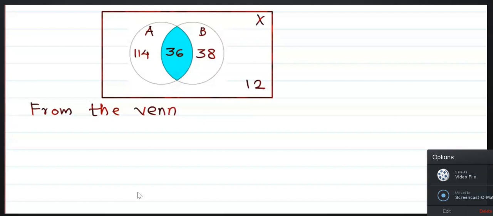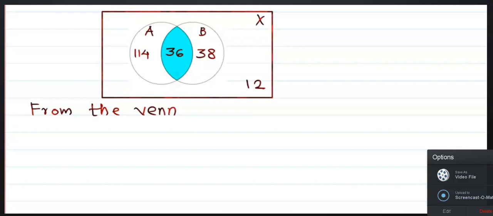Now in this case, N of X is equal to 260, N of A is equal to 150.